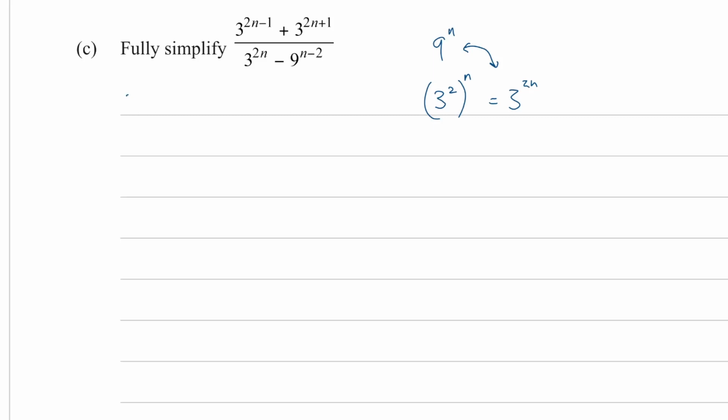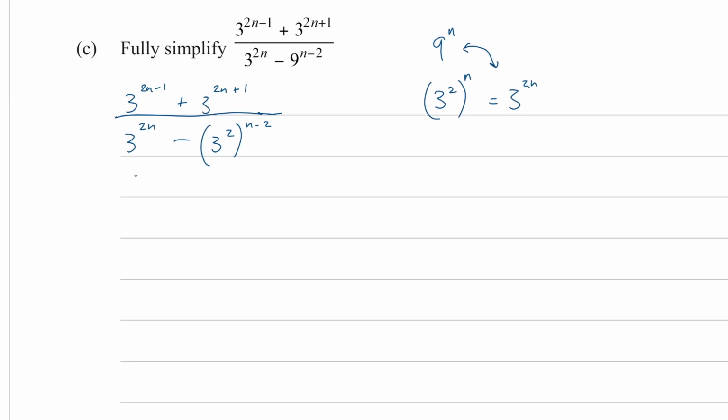So we have 3 to the 2n minus 1 plus 3 to the 2n plus 1 all over 3 to the 2n minus, so instead of 9, we'll put 3 squared, just like before, but this time the power is n minus 2. So now we can then expand that power out.